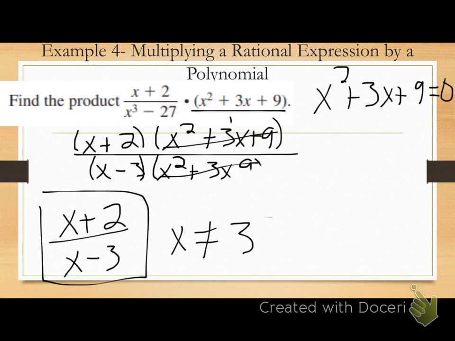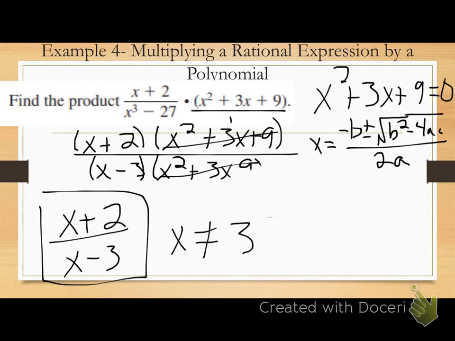So does anyone remember the quadratic formula? There's my quadratic formula. How about this?